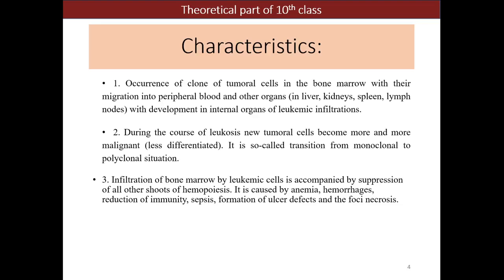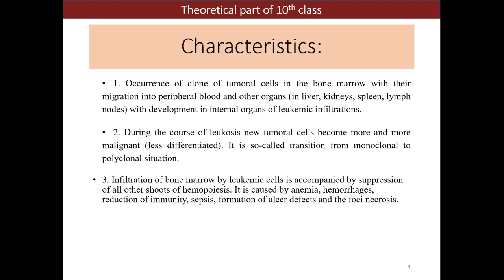But in case of leukosis, leukocytes become leukoblasts and are less differentiated. The loss of their differentiation is associated with loss of their function. So it's the so-called transition from monoclonal to polyclonal situation. In the beginning of leukosis, we may see accumulation of only one clone of tumoral cells, but in the development of the disease, we will see a lot of different sources for tumors.